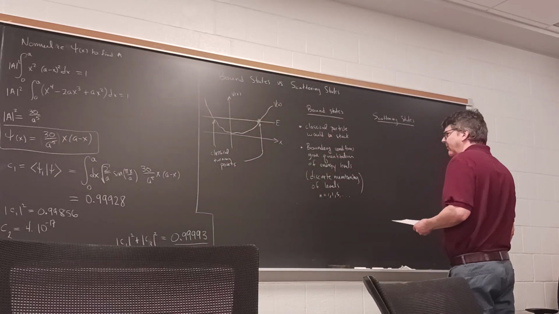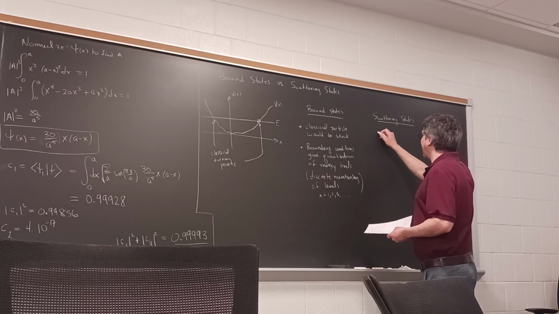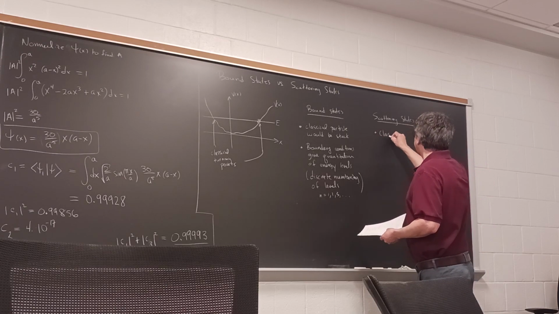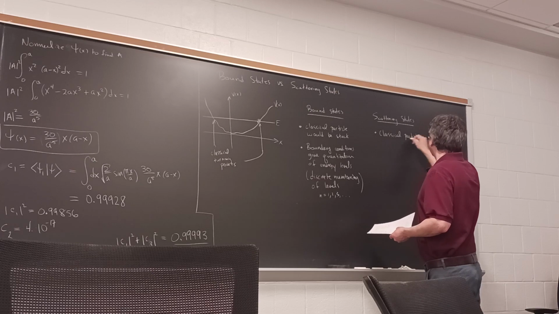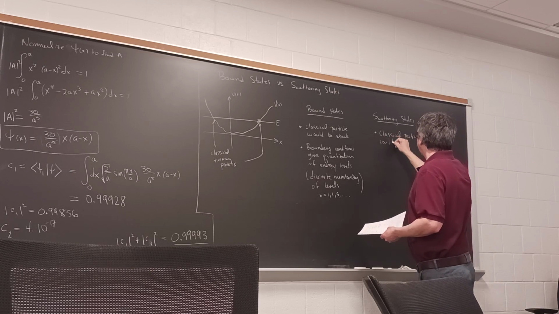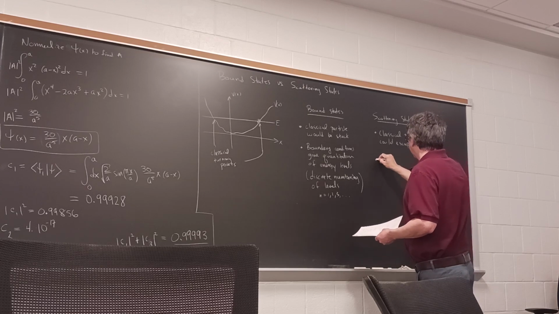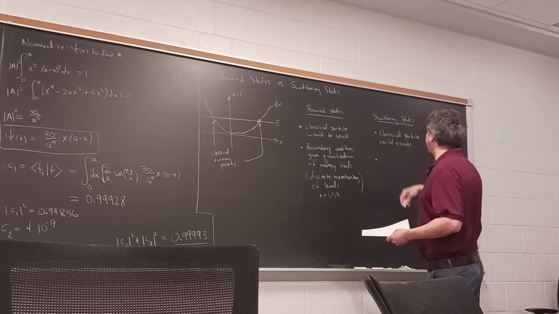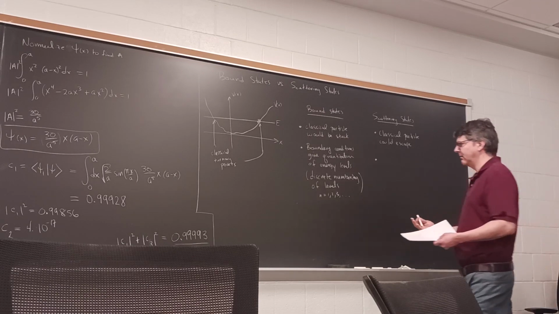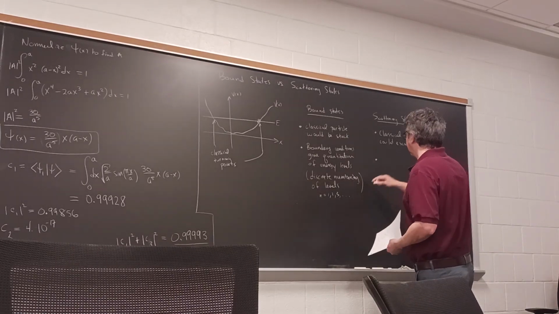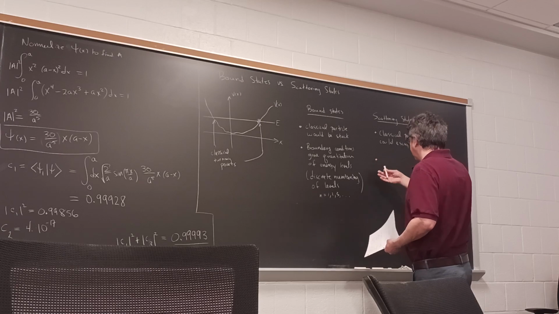And then for a scattering state, the classical particle could escape. For these particular states, the index that gives you the energy is a continuous number.